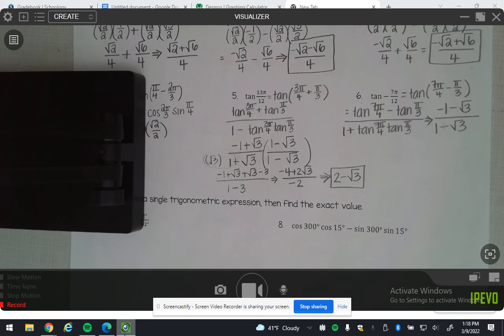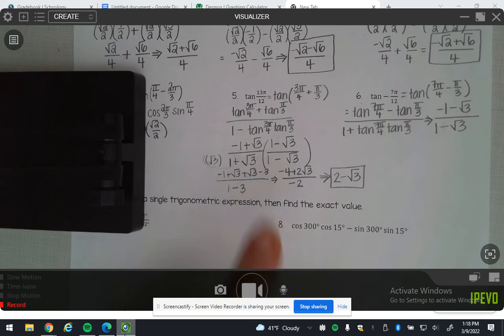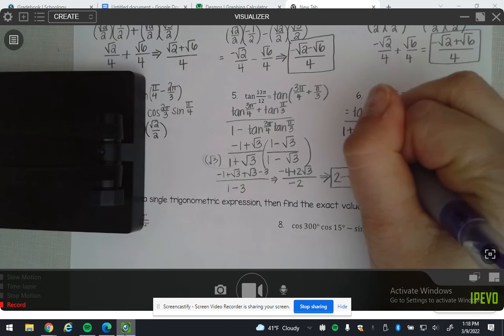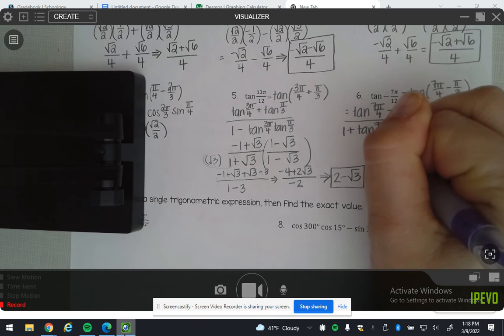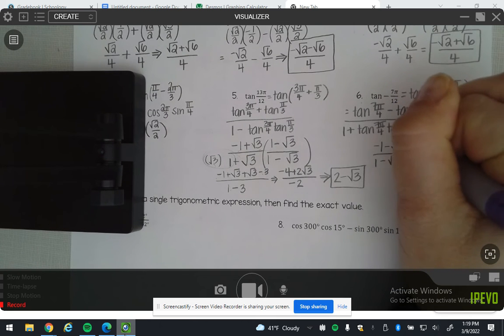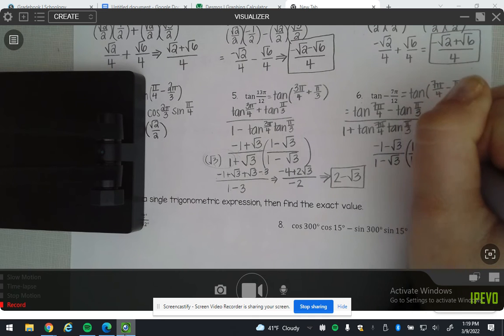What do we have to do from here? Do we have to do the same thing we did over here? Yeah, except it's going to be positive this time. So you're going to have -1 minus radical 3 over 1 minus radical 3, times 1 plus radical 3 over 1 plus radical 3.